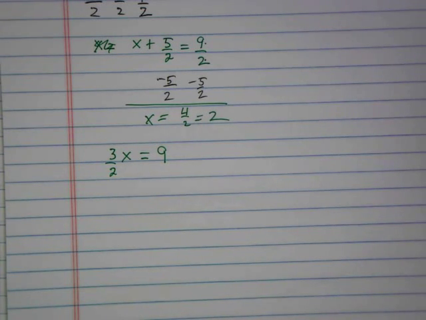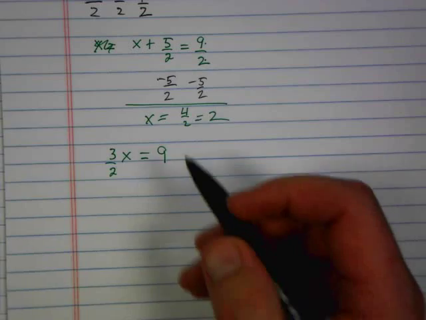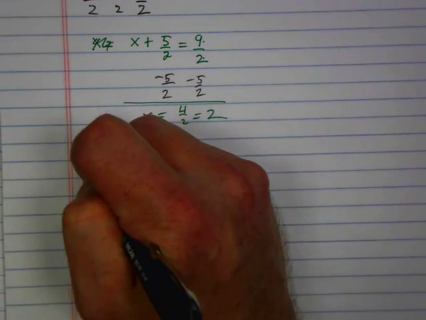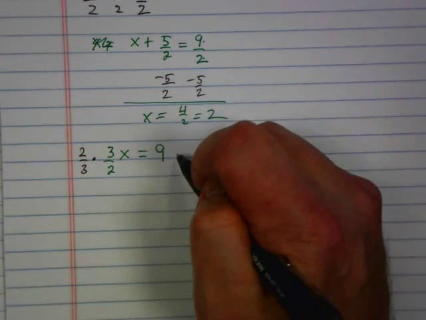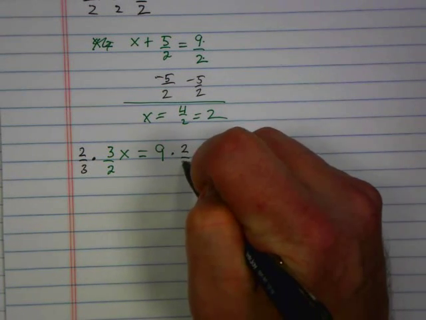They would cancel each other out. Right. The reason you want to use 2/3 on the left-hand side, what's that 2/3 going to do to that 3 halves? The 3's reduce, the 2's reduce, and you're left with x. The x is still there, right? The x doesn't disappear. Of course, if I'm going to do 2/3 on the left-hand side, I have to do 2/3 on the right-hand side.